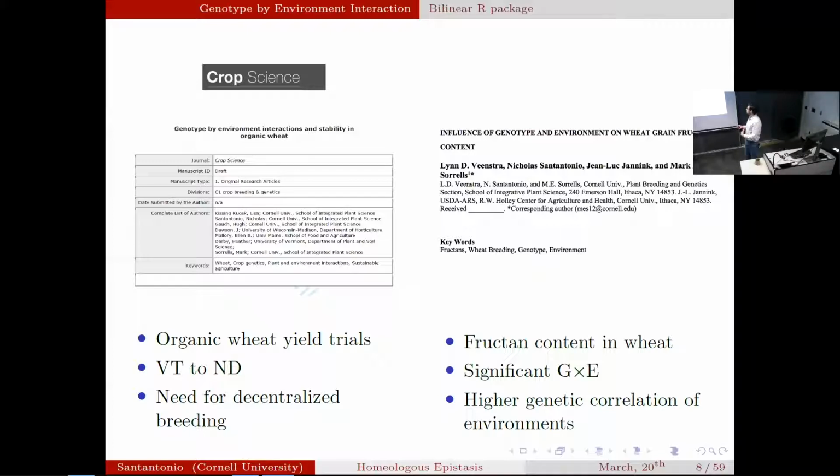So then we were able to recommend that breeding for fructan content could be done with relatively few environments, if not only a single environment, as well as under a genomic selection scheme. Now, this one, we did not have replicated individuals. So in this case, the parametric bootstrap was really convenient to have.